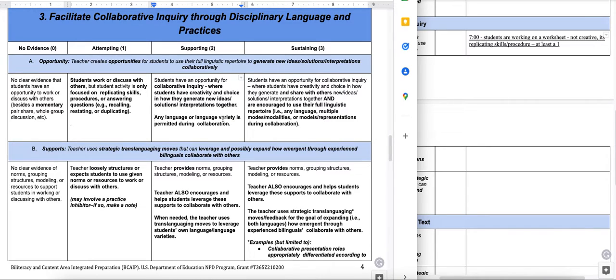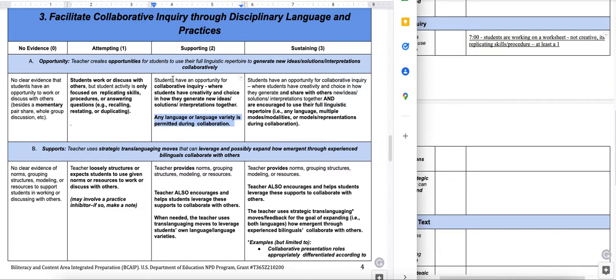So we might see the teacher mentioning that students can use any language that they feel comfortable in, or you might just see students speaking in Spanish or Mandarin, you know, any language basically that isn't English if it's an English dominant classroom.